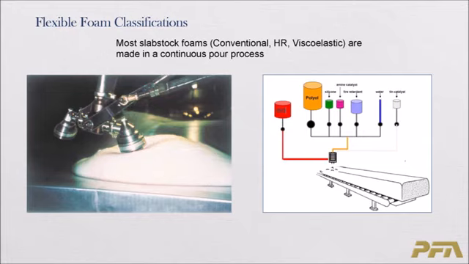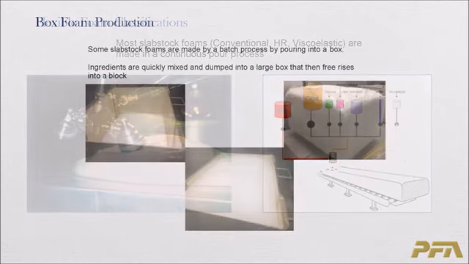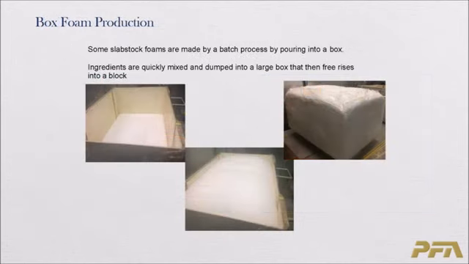If you're making flexible foam in the lab, you're mixing all the components together in a small container and then just dumping it into a small box or open bucket and allowing it to free rise. A larger version of that is called box foam production. Essentially, it's more of a batch process.